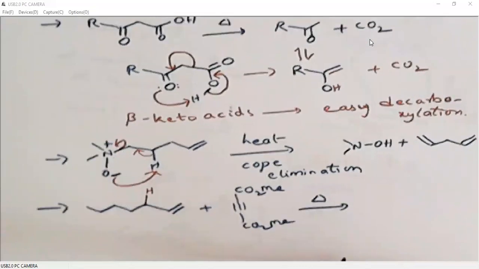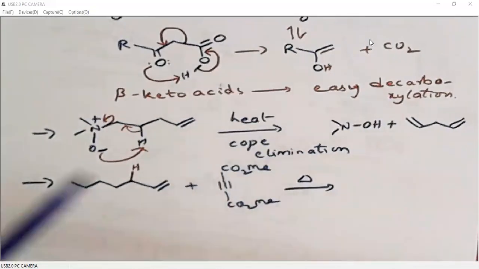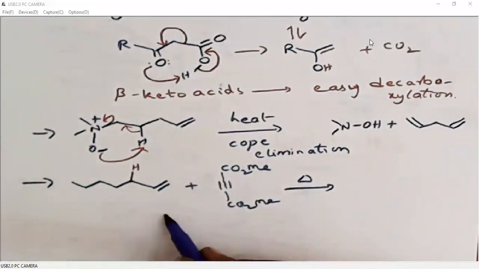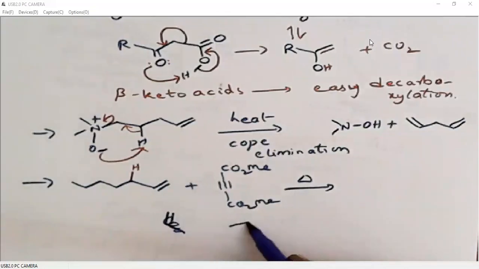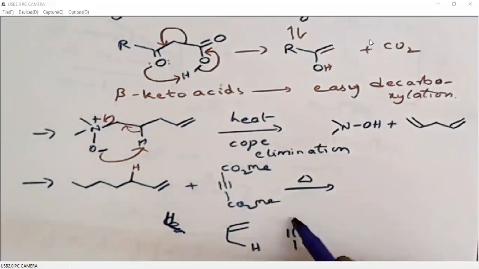Okay, so you just redraw the structure in such a way that it represents a 4 plus 2 cycloaddition. So just, yeah, like this. So on this side we have a triple bond.